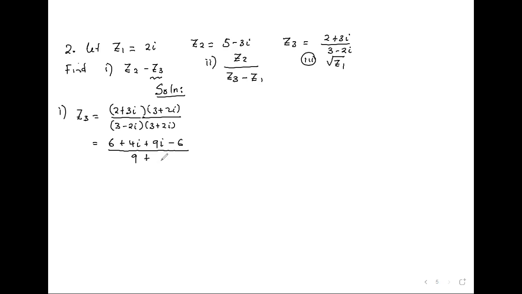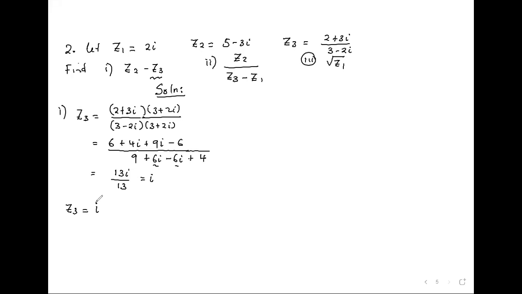We get 6i, and then minus 6i. So 6 minus 6, we get 0. 4 plus 9, we get 13i on top. Down, 13. We get 13i over 13, which is equal to i. What we're saying here is that Z3 is actually equal to i.